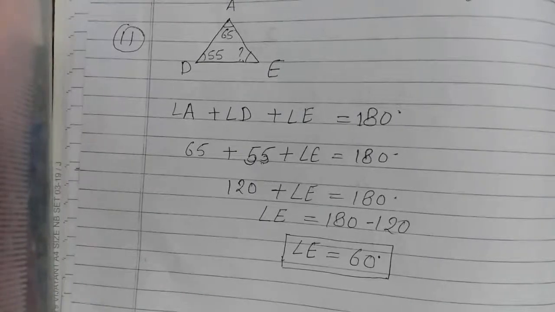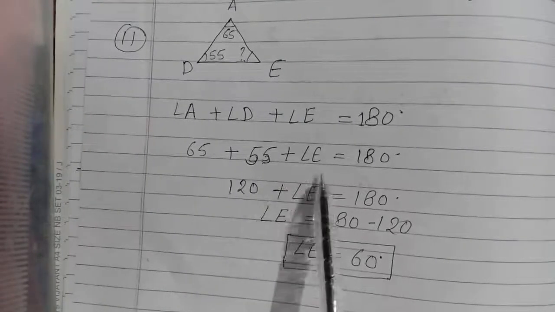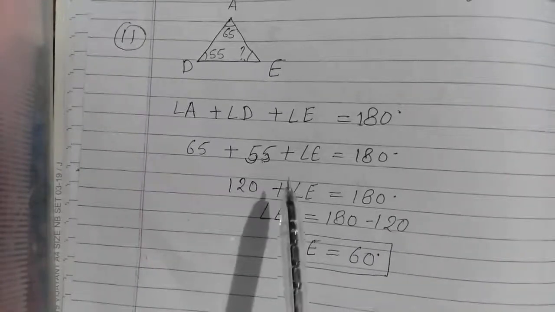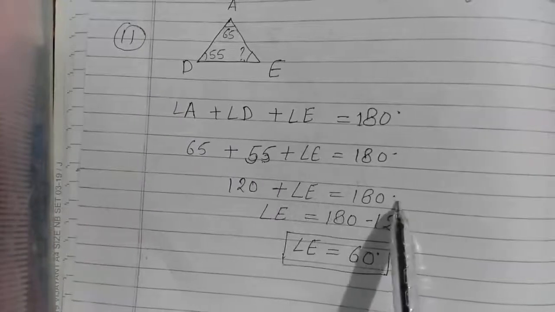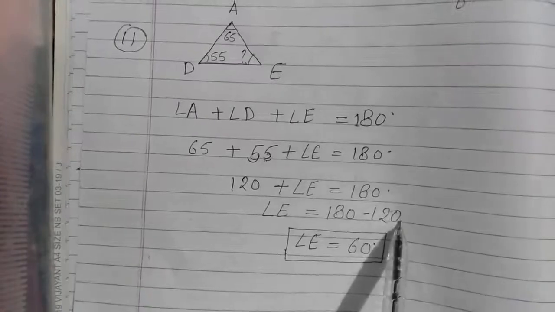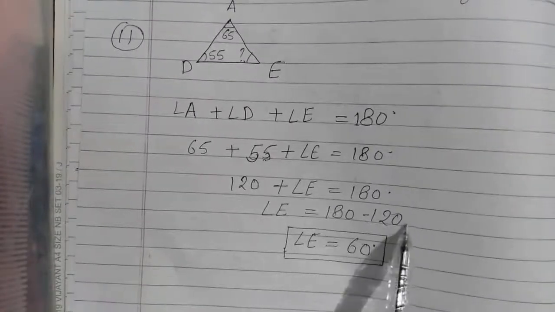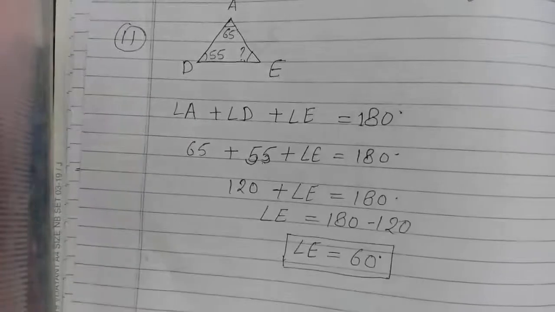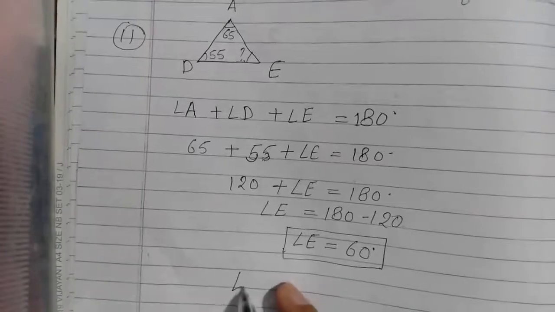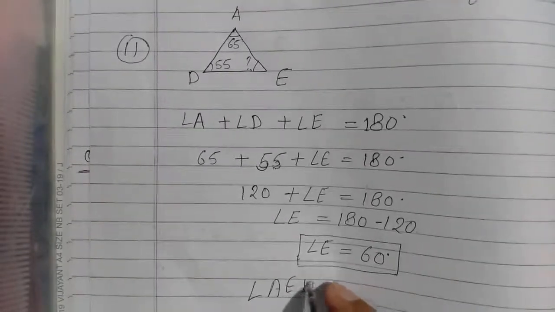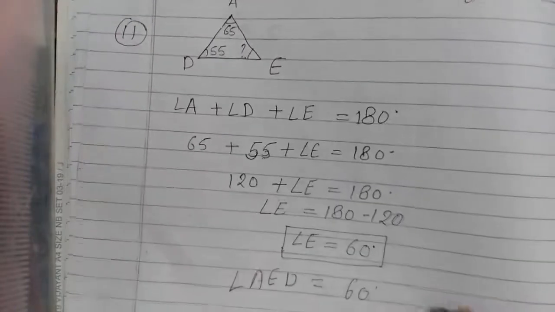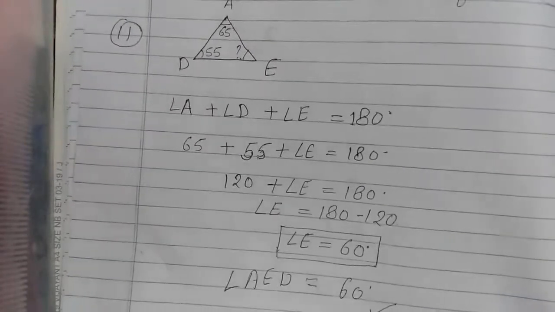So put the values of A and D: 65 plus 55 plus E is equal to 180 degrees. This will become 120 plus E is equal to 180 degrees. Angle E is equal to 180 minus 120, which is 60 degrees. That means we have found AED. Angle AED is equal to 60 degrees. Our second part is also completed.